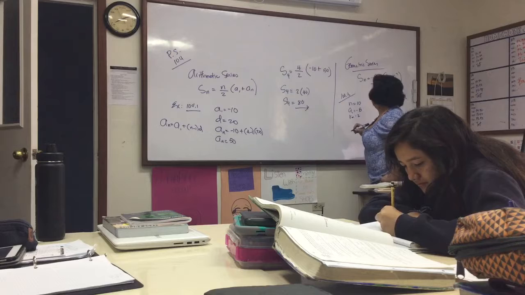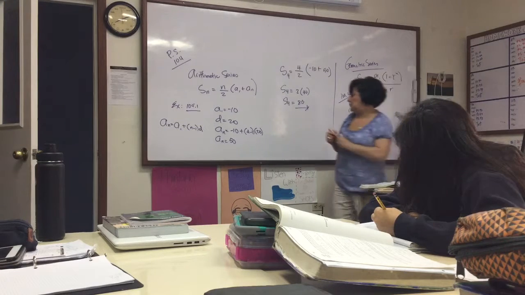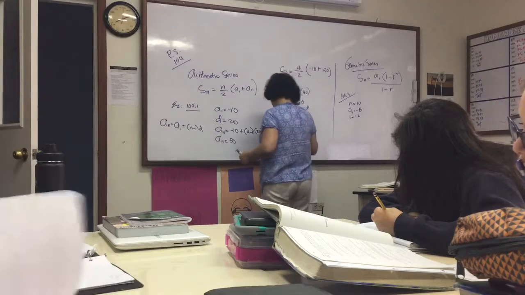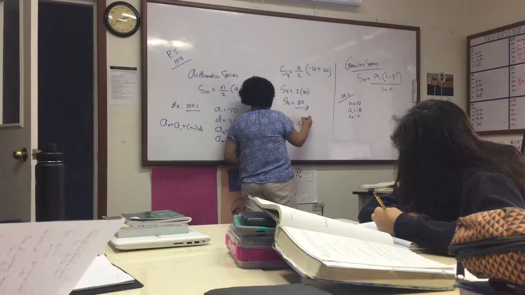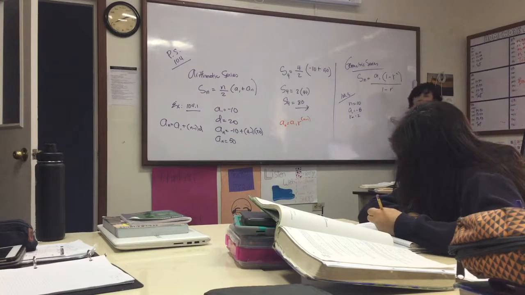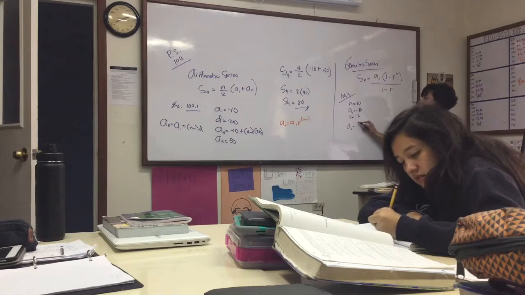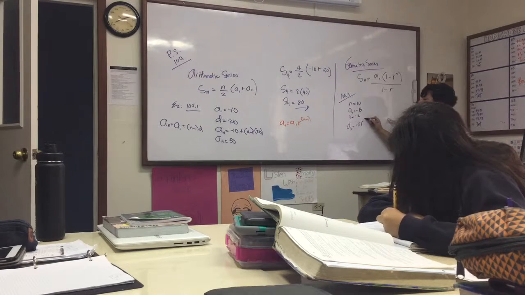Now question, what's the formula for a geometric sequence? a sub n equals a sub 1 times r to the n minus 1. That's it? Fine. So we need to find the 10th term. So a sub 10 is going to be minus 8 times r to the 10 minus 1, right?